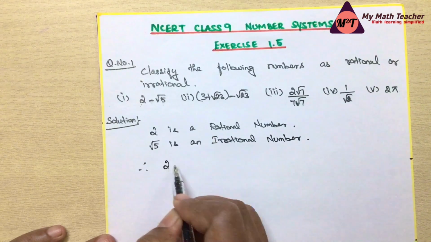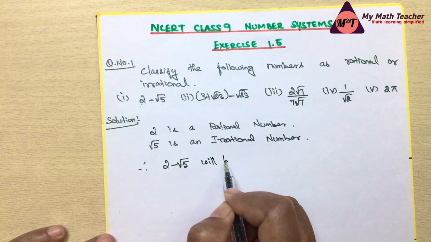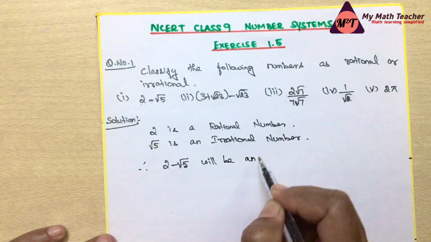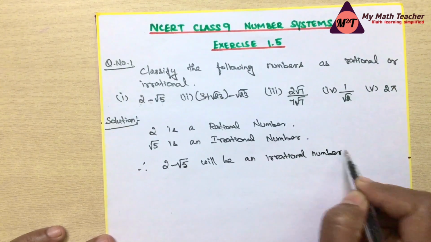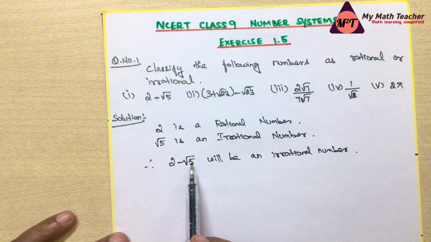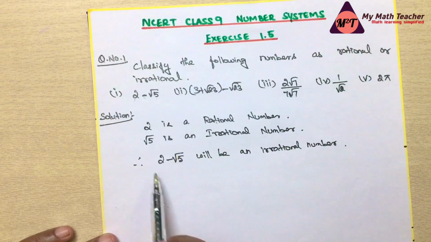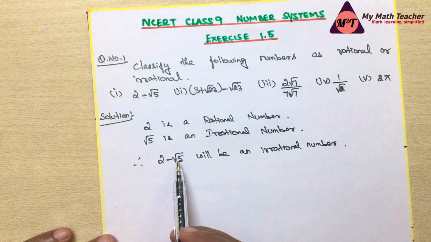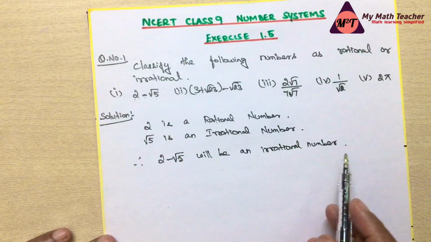Therefore, 2 minus root 5 will be an irrational number. When you subtract rational minus the irrational, the final outcome of 2 minus root 5 will be non-terminating and non-repeating. So it will be an irrational number.